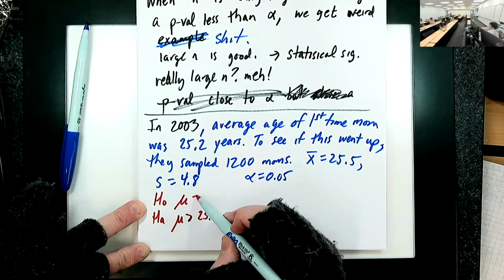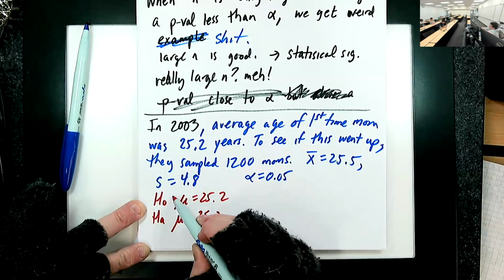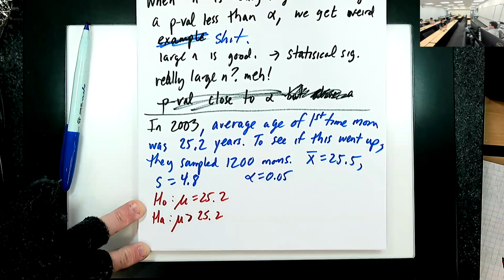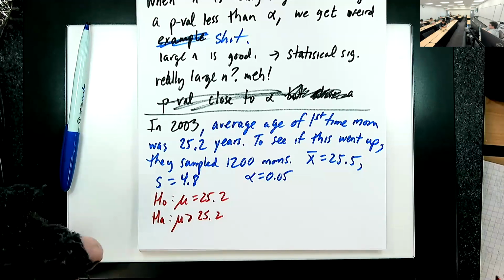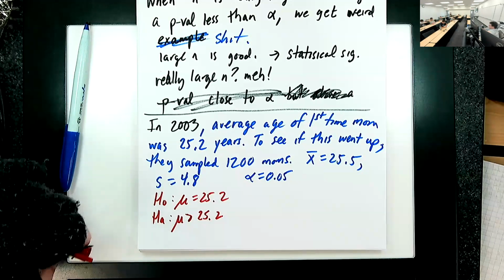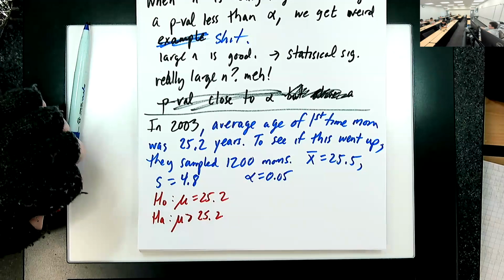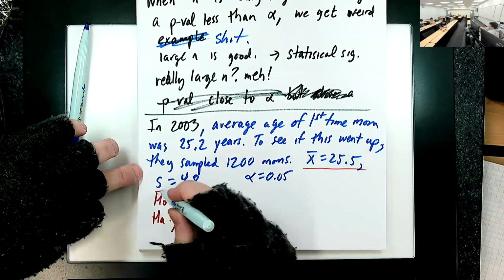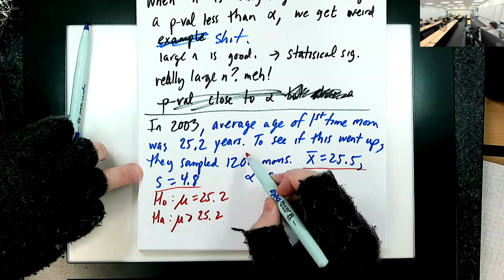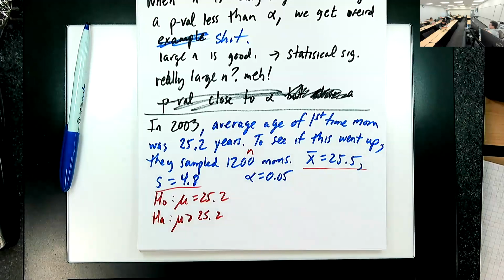And that means mu equals 25.2 is the H naught. And we have our X bar and we have our S and we have our N. This is our N, 1200. We can go run this test.